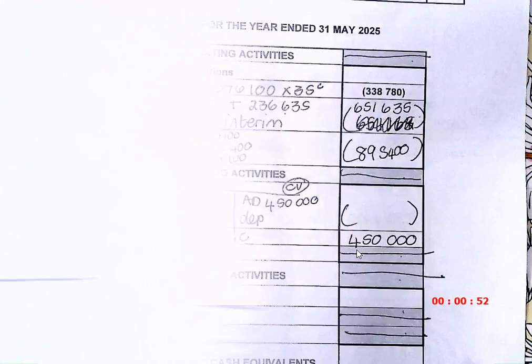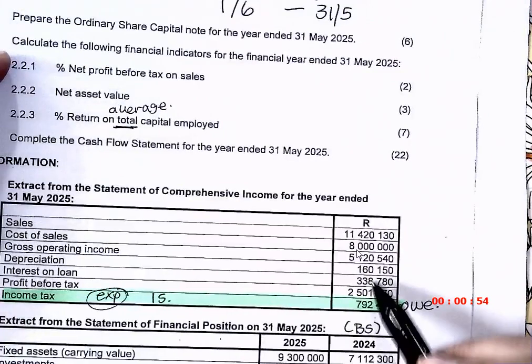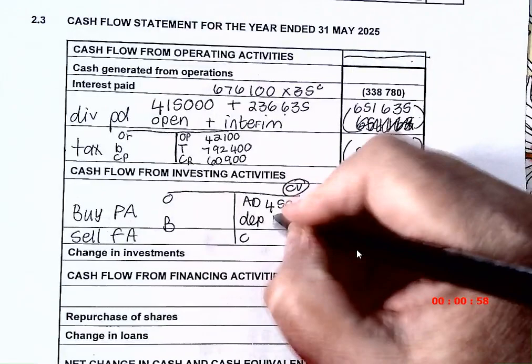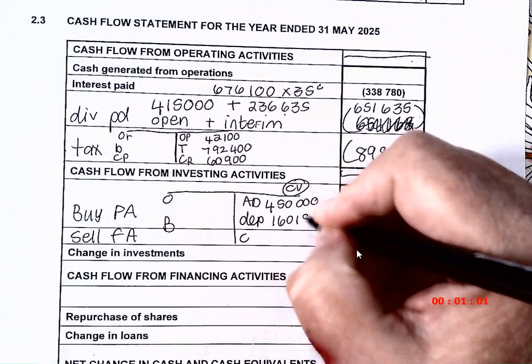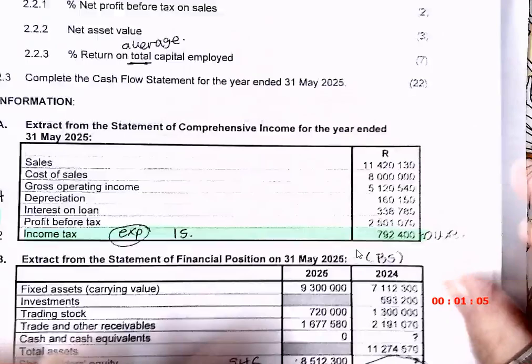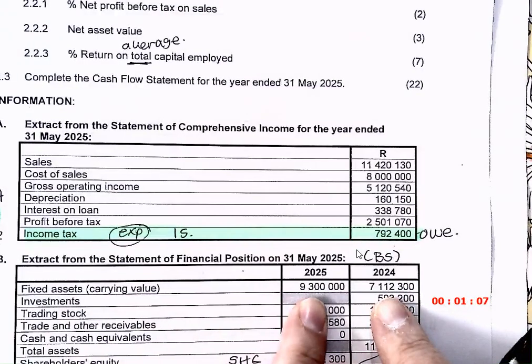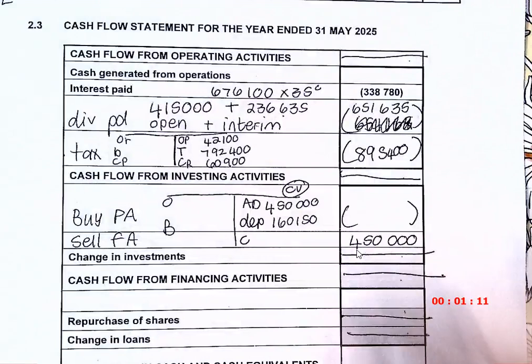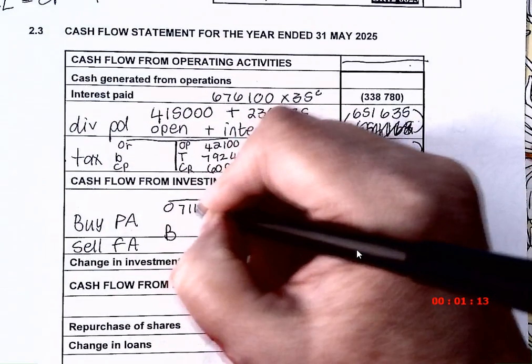So I need depreciation. Depreciation I find in the income statement. It's that 160, 150. Fixed assets I'll find in the balance sheet. And can you see there's an opening and a closing. So the opening is 7,112,300.